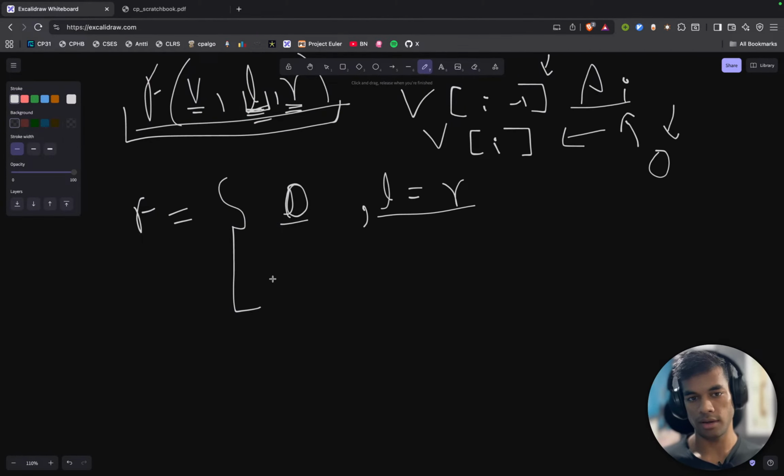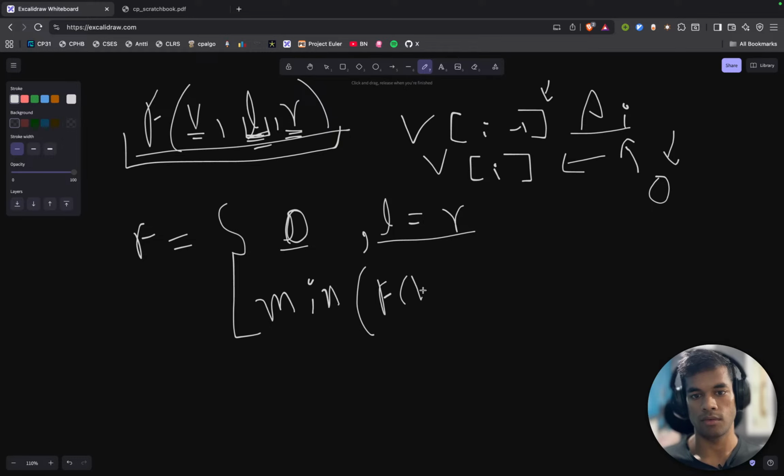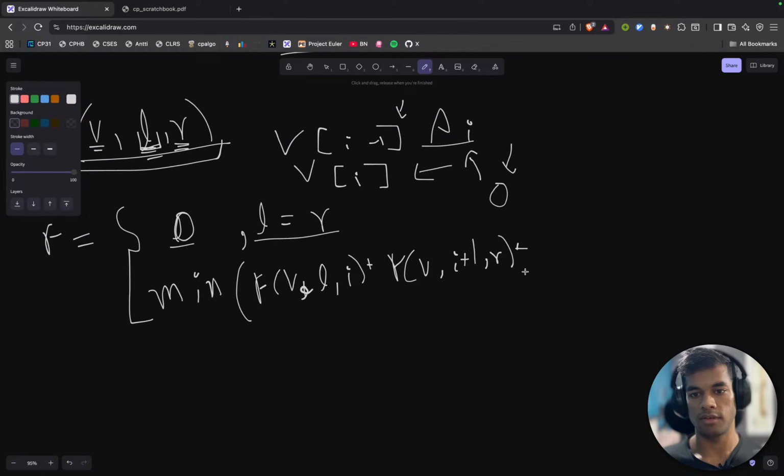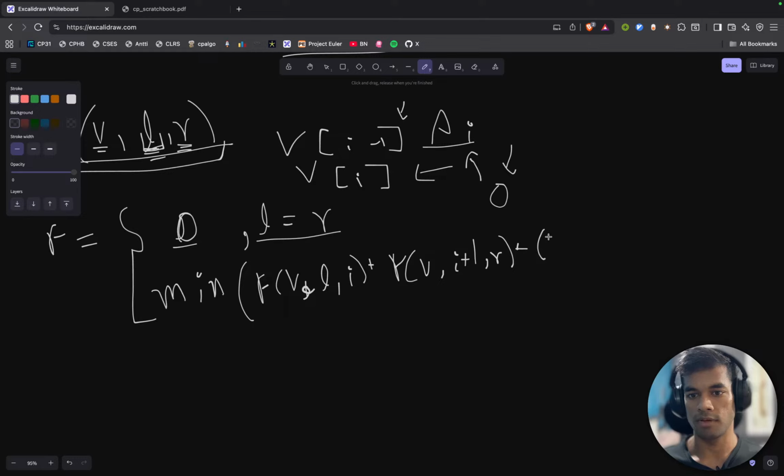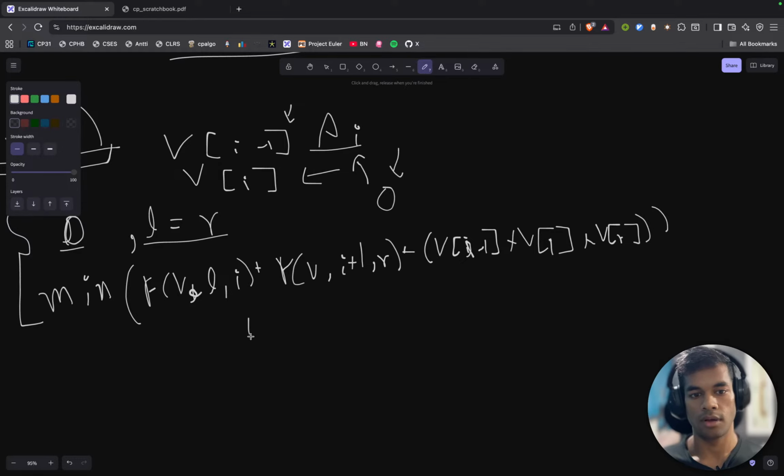But if l is not equal to r, then find the minimum of f(v, l, i) plus f(v, i+1, r) plus v[l-1] into v[i] into v[r], where i ranges from l to r minus 1.